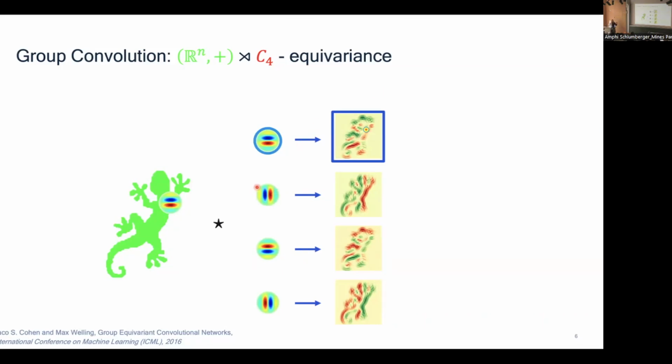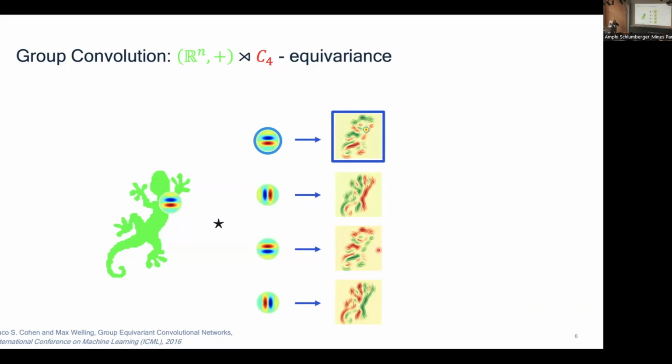In this case, essentially, this boils down to doing convolution with 4 rotated versions of the same filter. We only learn one filter, we rotate it 4 times, we do convolution with each of these filters independently, and now we essentially get 4 different output images, which we can think of as a 4-channel output feature map.